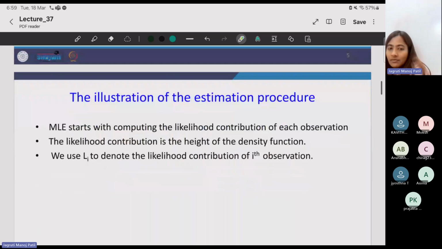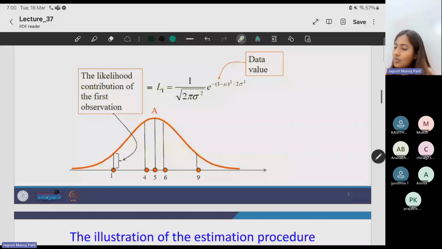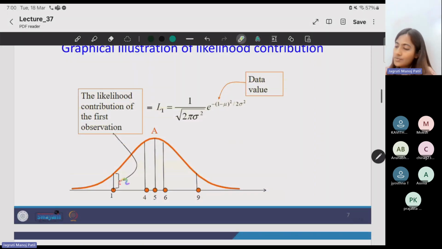We'll start by computing the likelihood for each observation. Likelihood is nothing but the height of the density function. Then we compute Li for every ith observation, so the likelihood for every observation. This is how our likelihood contribution for the first observation came to be around 1, 4, 5, 6.